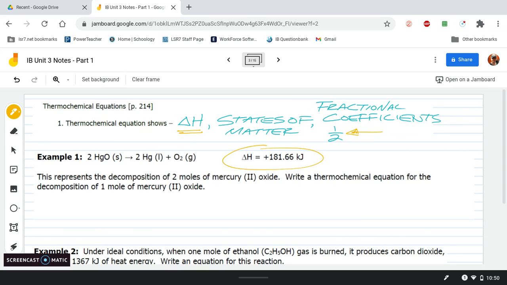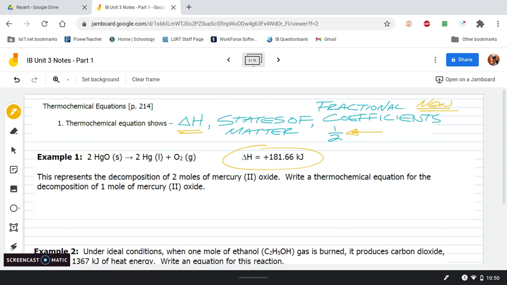But now, this is something new, using a fraction to balance out a reaction. So these are things you're going to be looking for when you're trying to figure out if you have a thermochemical equation. All right, so we're going to go to an example.